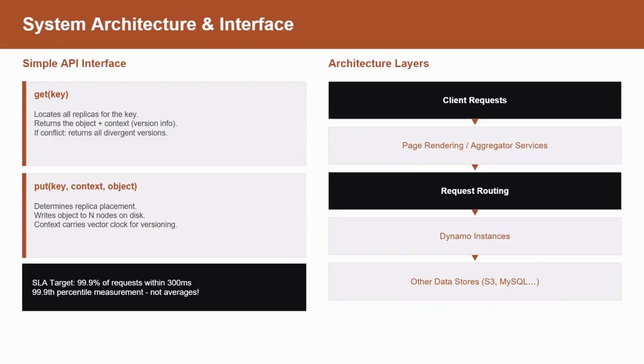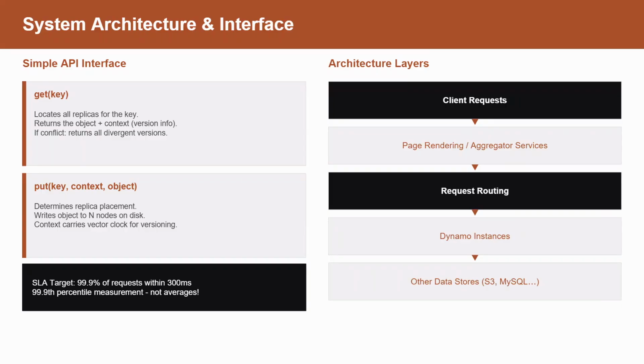It uses a simple API interface: they store the data with a key and a value as an object, and they also use a context to track versioning and handle inconsistency later. If we want to get the value, we just pass the key and we get the value.